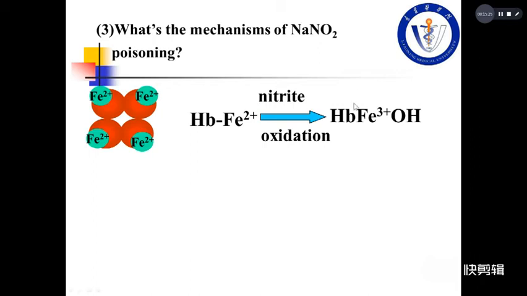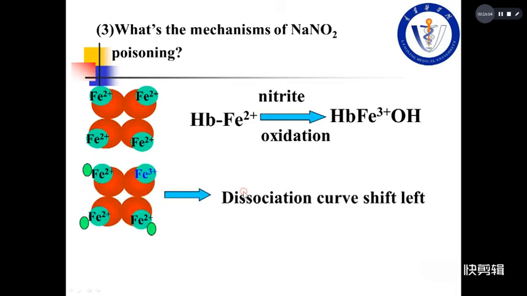The ferrous state can carry oxygen. In nitrate poisoning, nitrate is an oxidizer, so it oxidizes the ferrous state to the ferric state and forms methemoglobin. The ferric state can't carry oxygen, so the oxygen supply decreases and hypoxia happens.